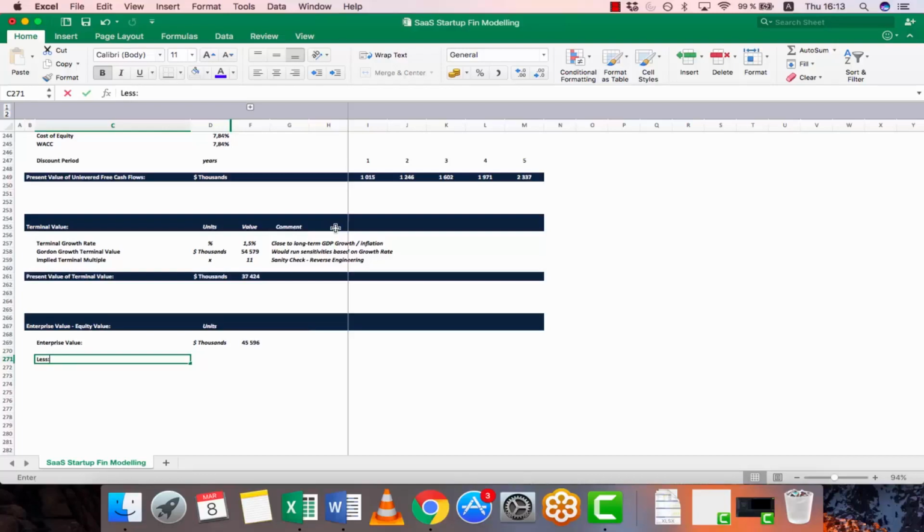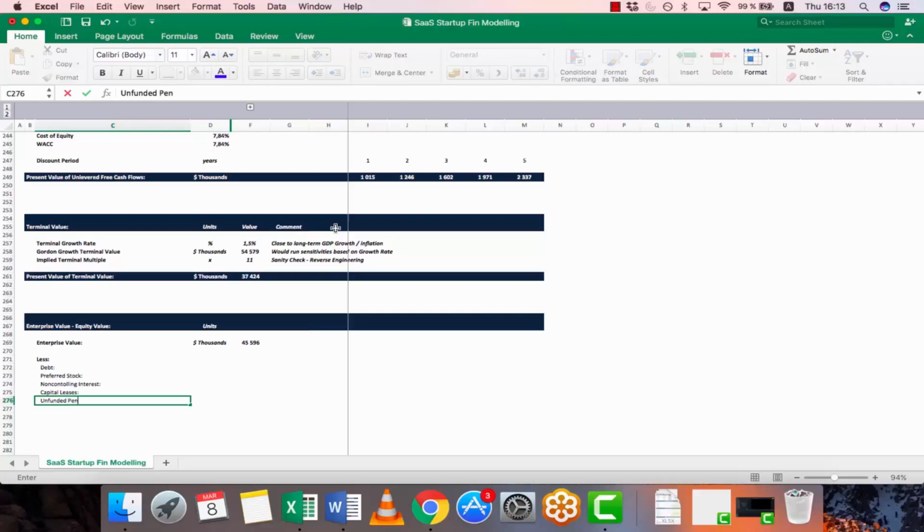So let's make them. First, it's debt, it's preferred stock, it's non-controlling interest, it's capital leases, unfunded pension obligations, and restructuring, environmental liabilities.